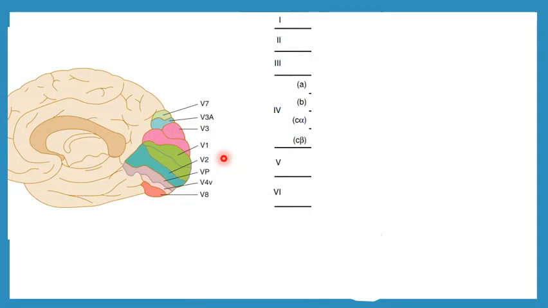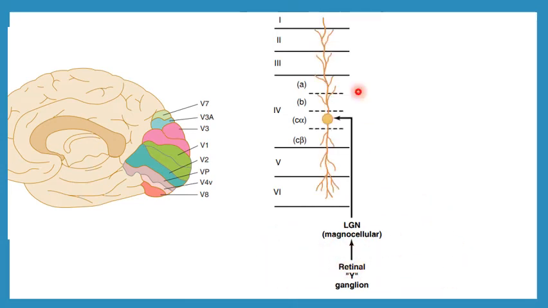We said that it reaches the area V1 of the cortex. Now, just like in any other areas of the cerebral cortex, it's got 6 layers. So these impulses which reach from the lateral geniculate nucleus, they reach the area 4C alpha of the cerebral cortex, and from there they give off projections to the other layers of the cortex, right?